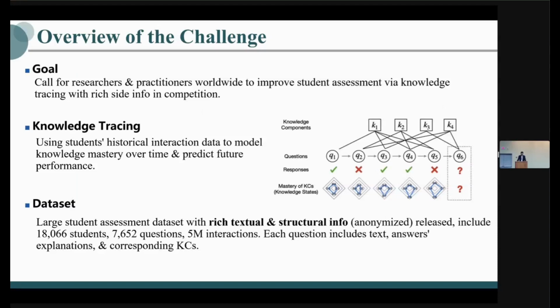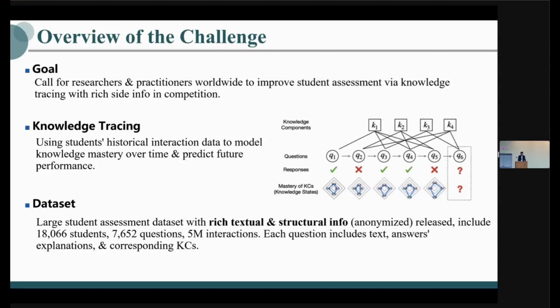The data set that we use for the competition is a large assessment data set with some additional anonymized or encoded information about the textual and structural information related to the knowledge components and the questions themselves. So the questions are not in text form, but in an encoded form that you can use to derive further encoding information from those interactions.